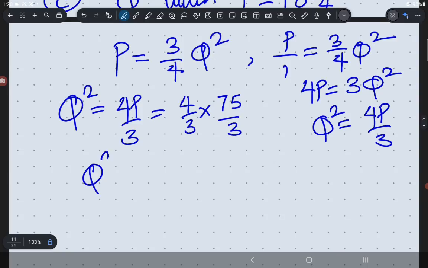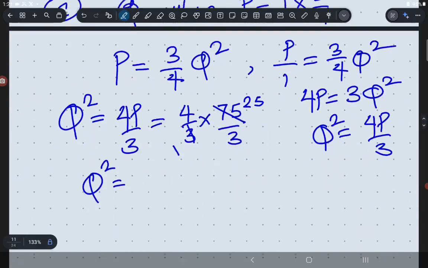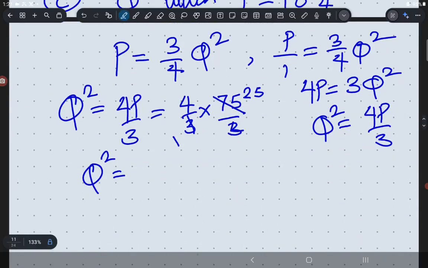From here, 3 here goes 1, 3 here goes 25. Let me check it. Oh, it's over 4, sorry. So it is over 4. 4 here goes 1, 4 here goes 1. So the final one is Q² is 25.